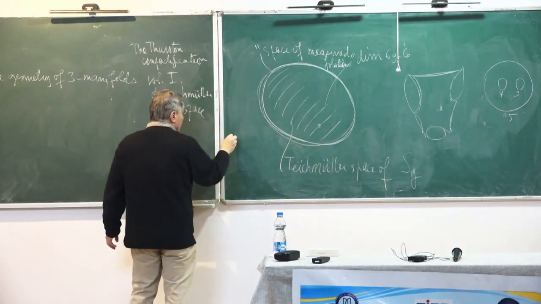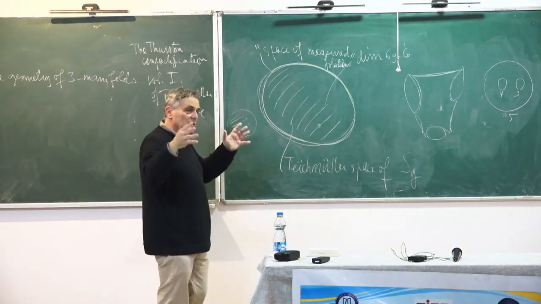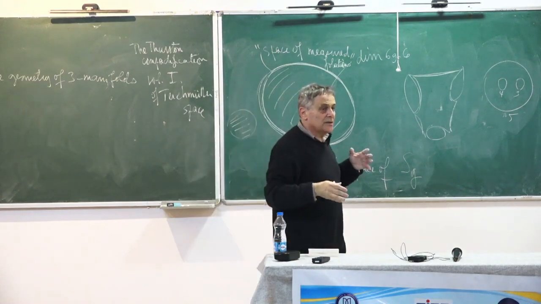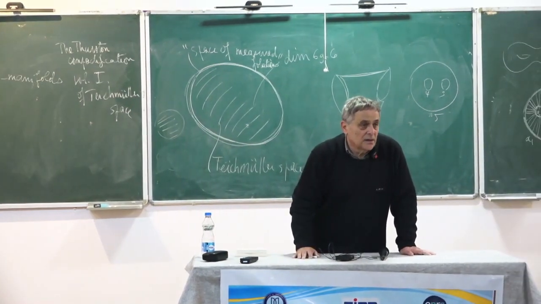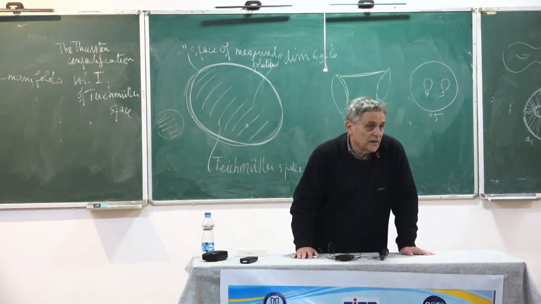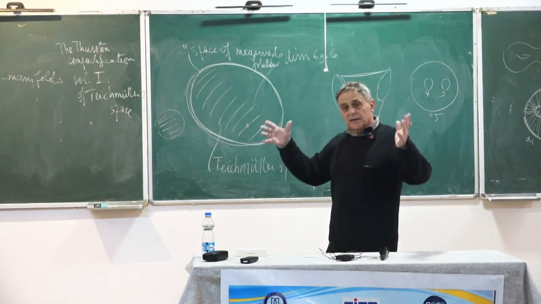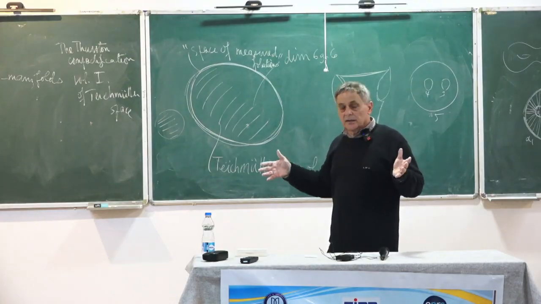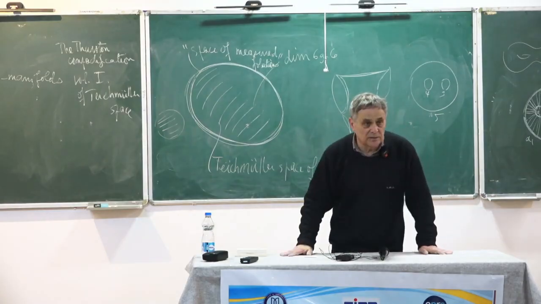When you have something which is like an open ball and you glue to it a sphere of the right dimension, then you get a closed ball, and on its boundary you get this. The boundary is that sphere. So this is what I want to explain to you next.